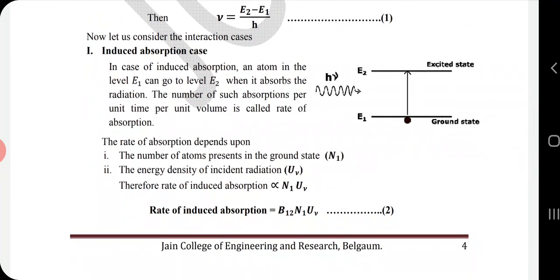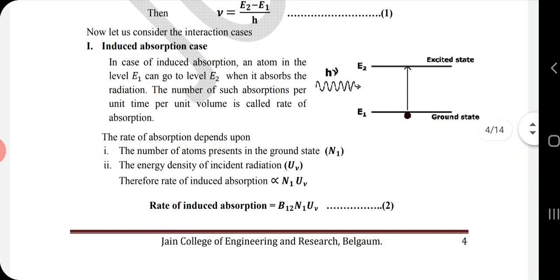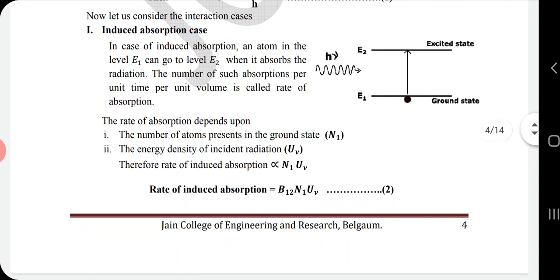In that case this depends on two things. One is n1, that is the population of the ground state, and then we are supplying this energy h nu, the energy density u nu, that we have to substitute. The rate is proportional to both: the number of atoms present in the ground state n1, and the energy density of the incident radiation, u nu.